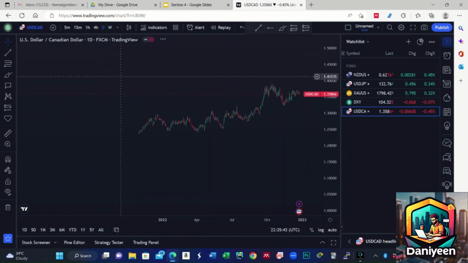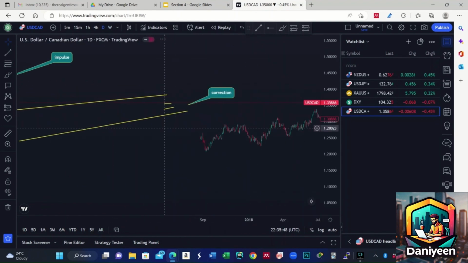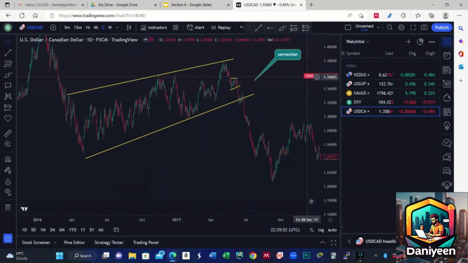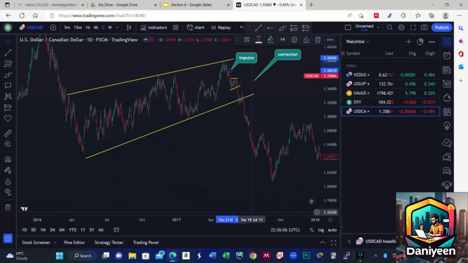So if we dive deeper, you can see that inside this correction, there is another impulse, correction, then another impulse. Let me label them. This is an impulse.